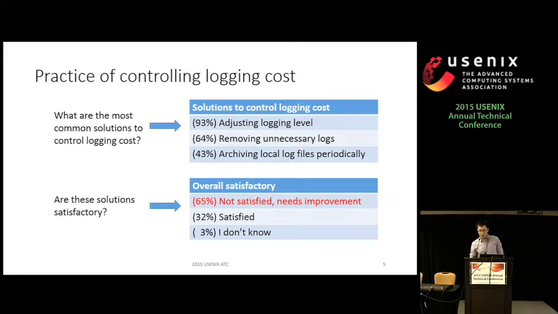However, these solutions are not perfect, since they cause either significant manual effort or heavy system operations. For example, removing the logging statements in the source code needs recompiling, some testing, and at last redeployment of the service. In addition, more than half of the respondents agreed that they are not satisfied with these current solutions.